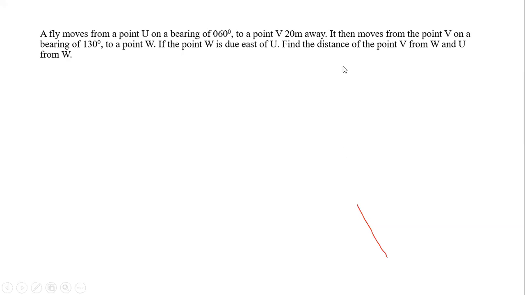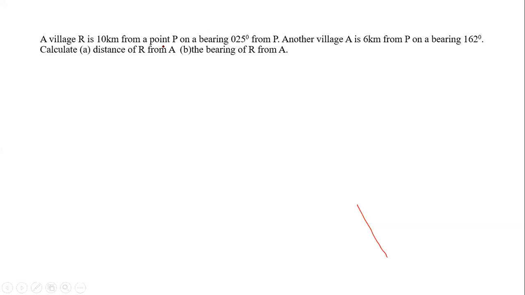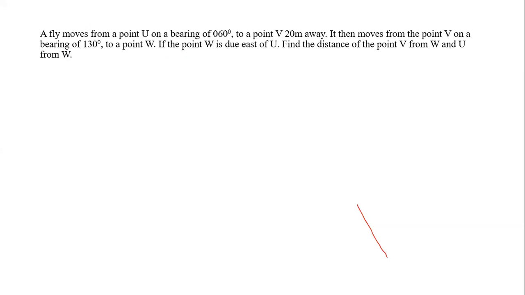To be able to attend to this question, you need to interpret statement by statement. So take the first statement. A fly moves from U to a point P on a bearing of 025 degrees. Sorry, I think the question, okay.